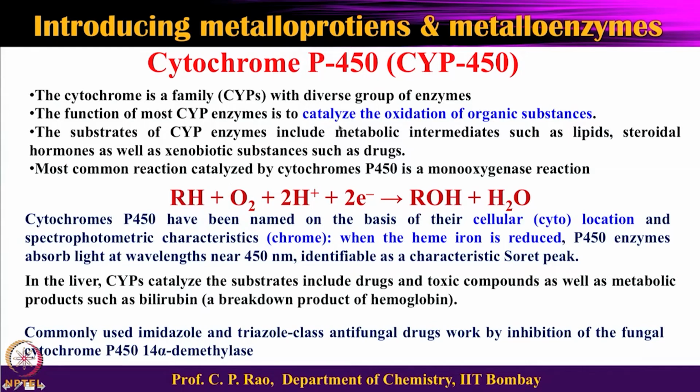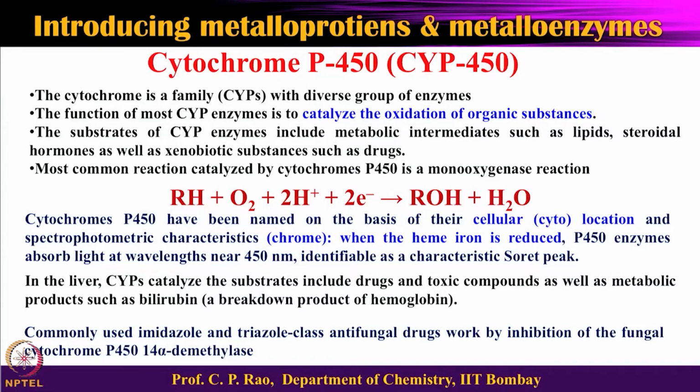So, the main thing is it catalyzes oxidation, and cytochrome P450 is a family of enzymes, though we are talking about this particular enzyme here. The main reaction: RH is taken as some kind of hydrocarbon, and its oxidation needs 2 H plus and 2 electrons. In oxygen activation, what did we study? 4 H plus and 4 electrons.